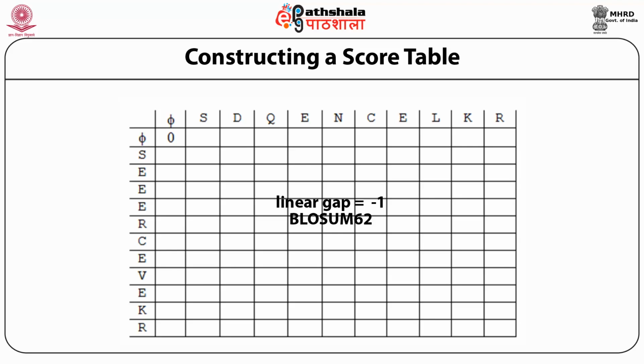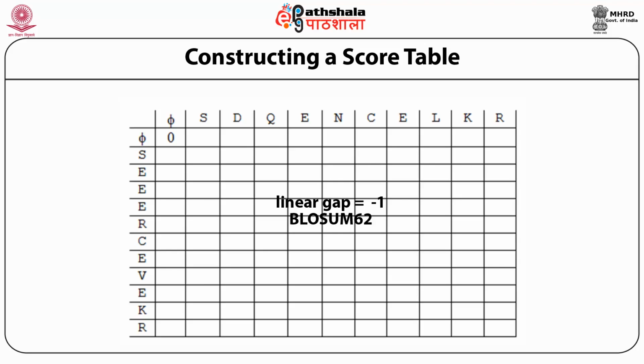The first sequence is written horizontally in the top row of this table, starting from the third cell of the row. The second sequence is written vertically on the leftmost column, starting from the third row of the first column.